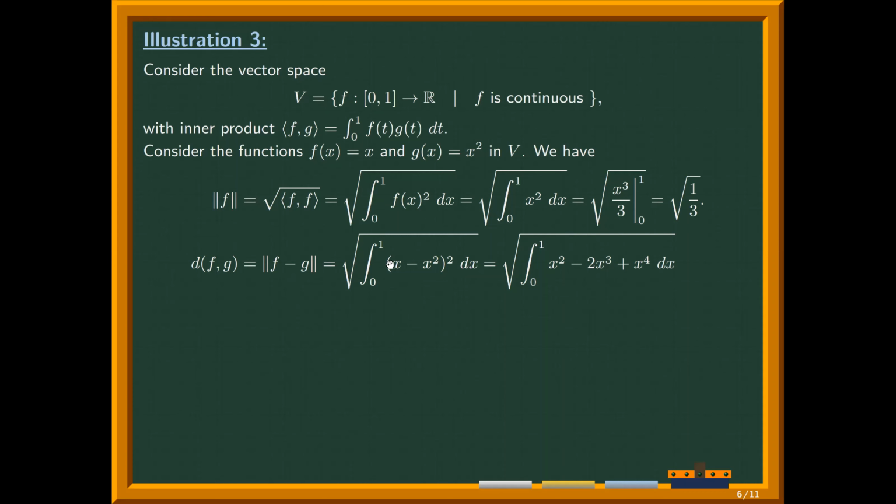So it's the definite integral of this square. You may expand that before you evaluate the integral. So expanding, we get this definite integral as radicand. And the value of that integral is equal to 1/30. Because we are computing the distance, we take the square root of that integral. So the distance between f and g is the square root of 1/30.